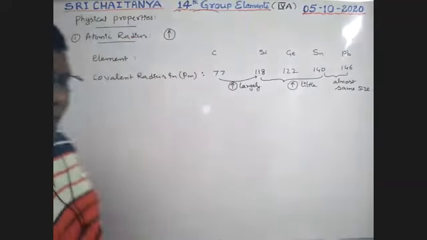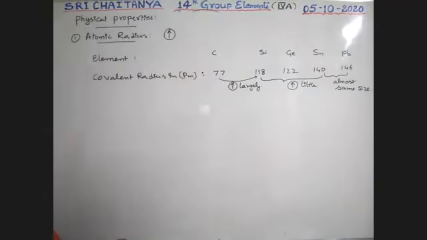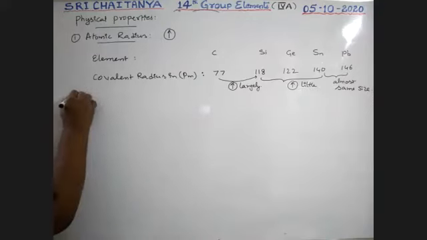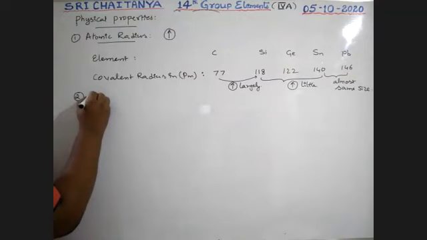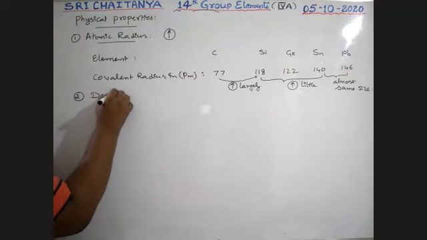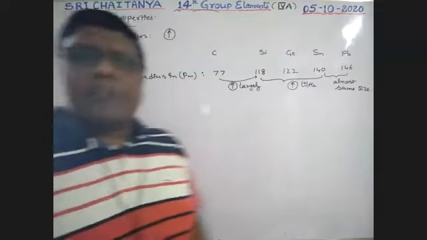Now the next property is density. We know in every group density increases from top to bottom.